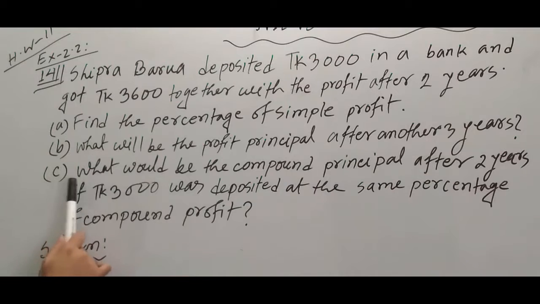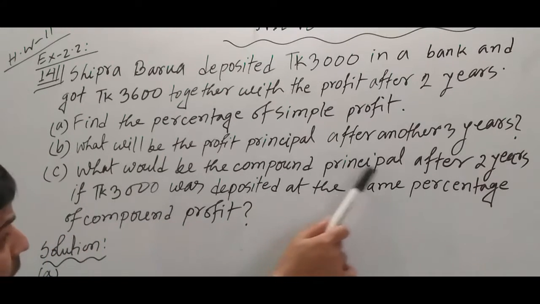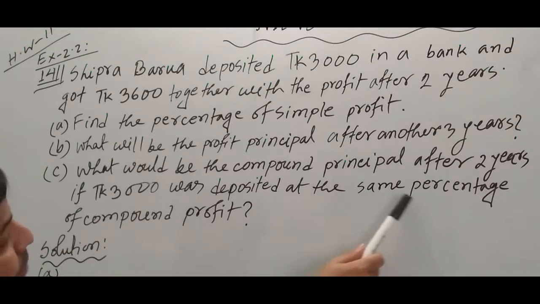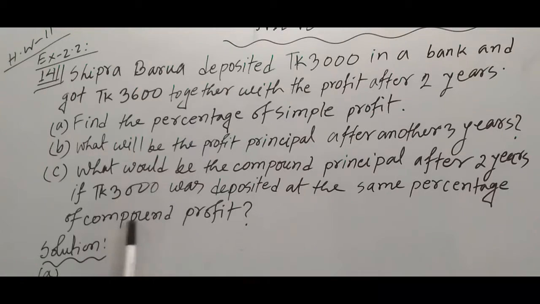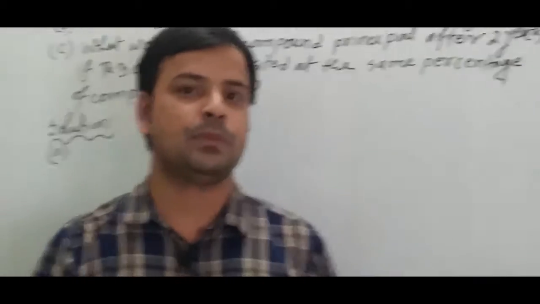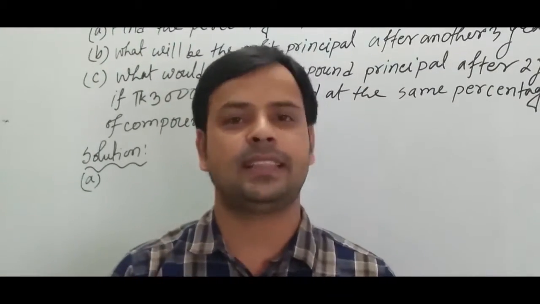Question C. What would be the compound principal after 2 years if taka 3000 was deposited at the same percentage of compound profit?